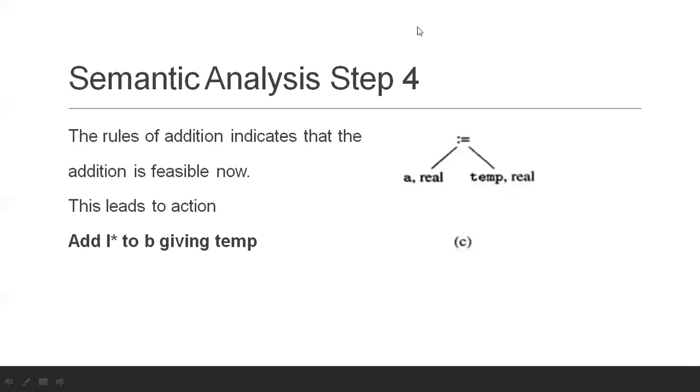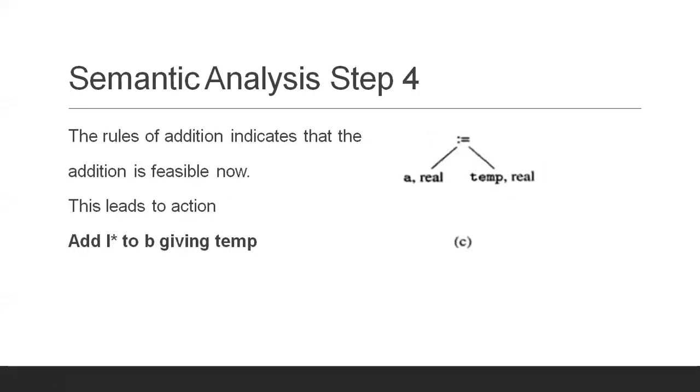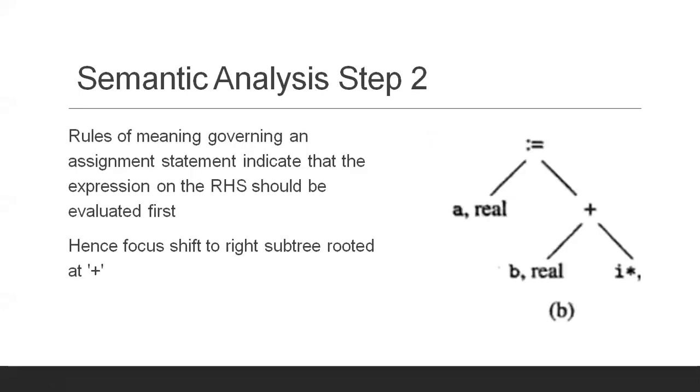Simply the next step is assign temp to A. That is nothing but A equal to B plus I. That is the last step. The assignment can now be performed. This leads to the action store temp in A. This completes the semantic analysis. I hope you cleared steps 1, 2, 3, 4, 5.